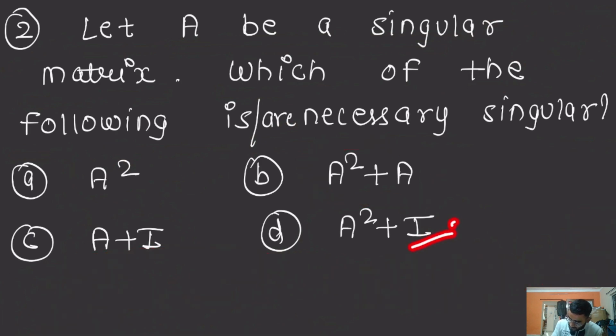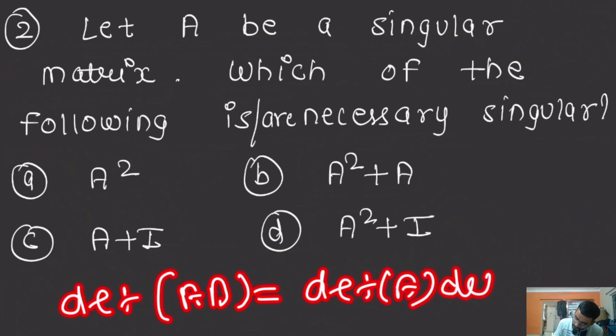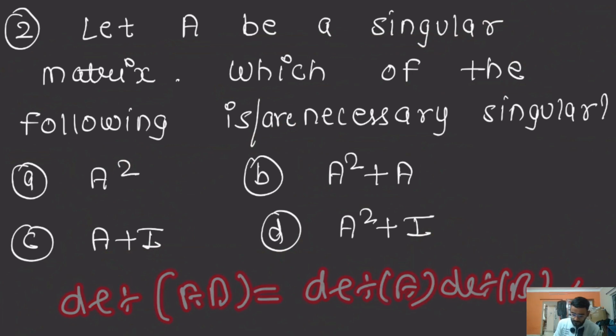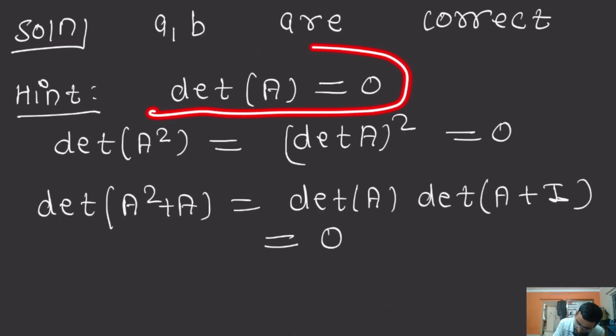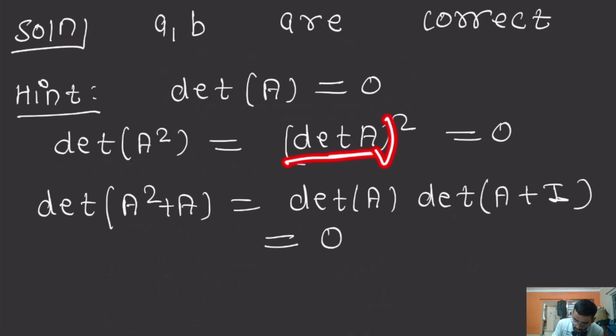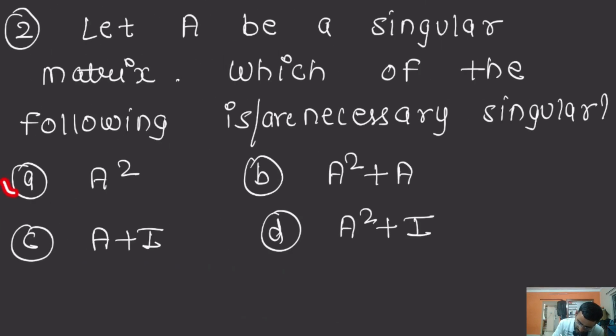We can split this as the determinant of A into B, which is equal to the determinant of A into the determinant of B. So the determinant of A is equal to 0, and the determinant of A squared, which is the determinant of A whole squared, is equal to 0. So the first one, A squared, is singular, and A squared plus A is also singular.